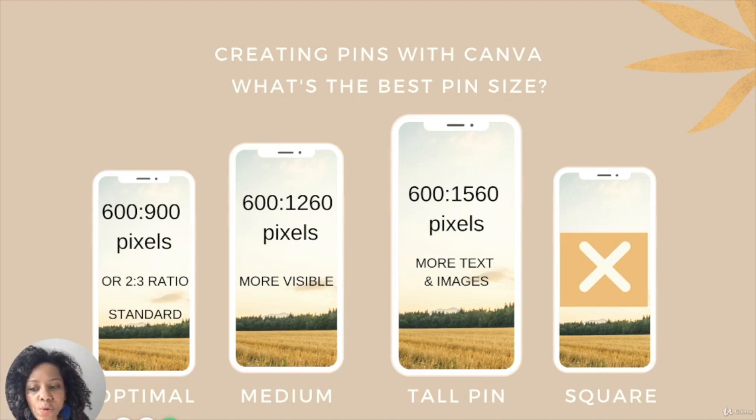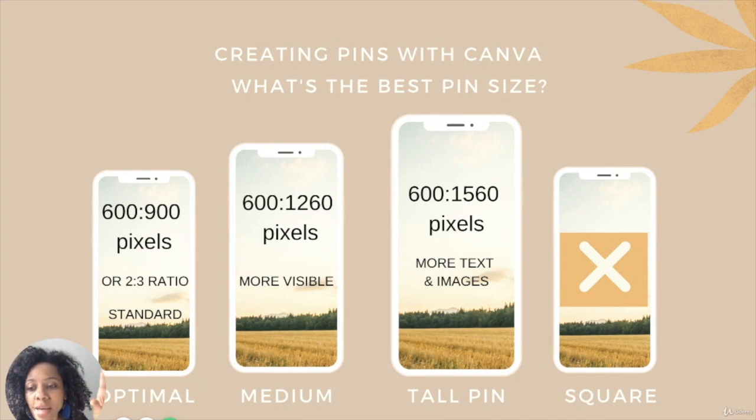And then I also want you to keep in mind not to use square images. So for example, if you have a square post that you posted on Instagram, try not to use the same image for Pinterest, even though you can go into Instagram and pin directly to Pinterest.